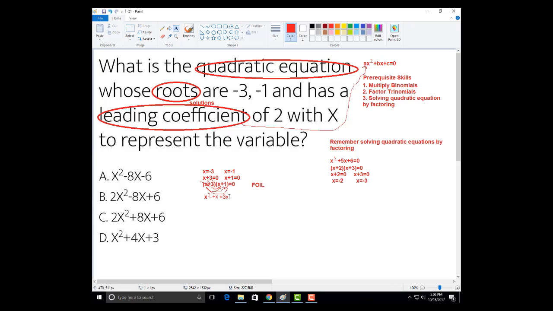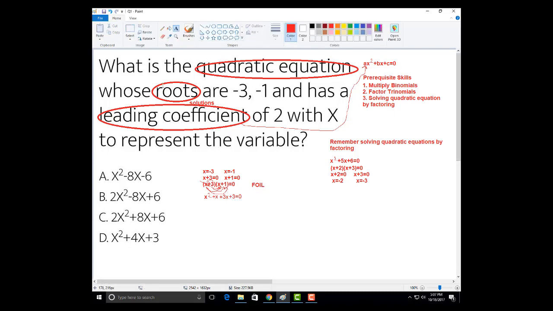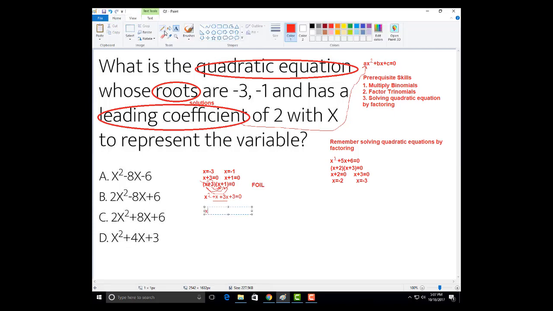And so I would get plus 3. And the whole thing is still equal to 0. So there we can see this thing is multiplied out now. Only one last thing to do to simplify it, and that's to combine any like terms. We should know that any x terms, whether it's just 1x or 3x, can combine. So let's go ahead and do that. I'll still have my x squared term.